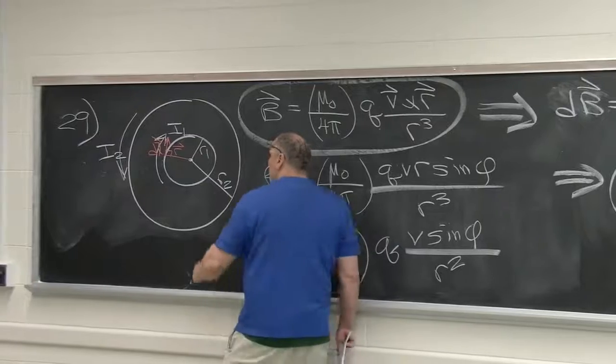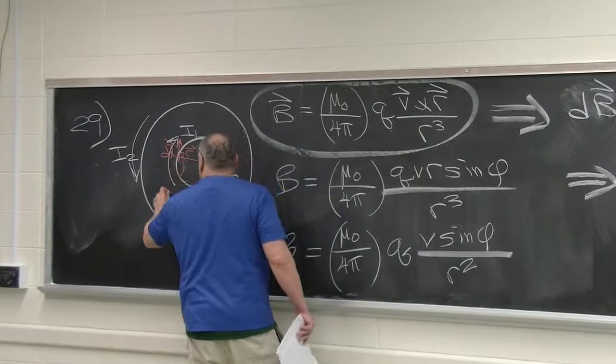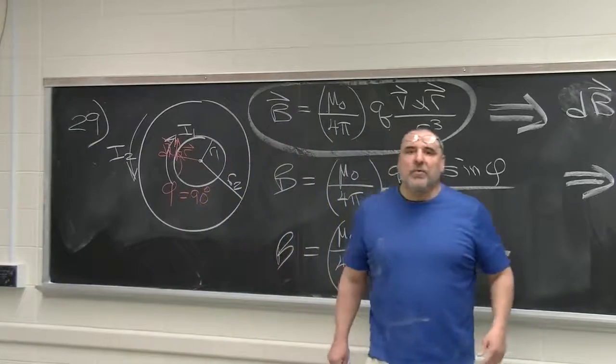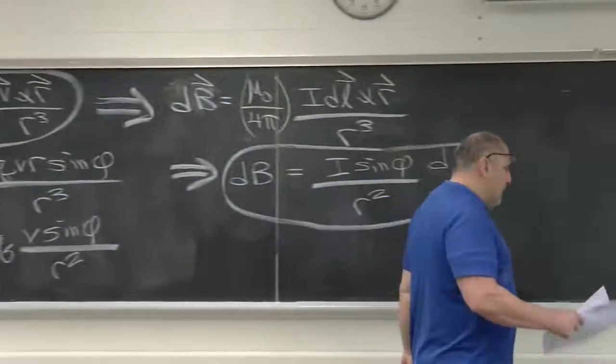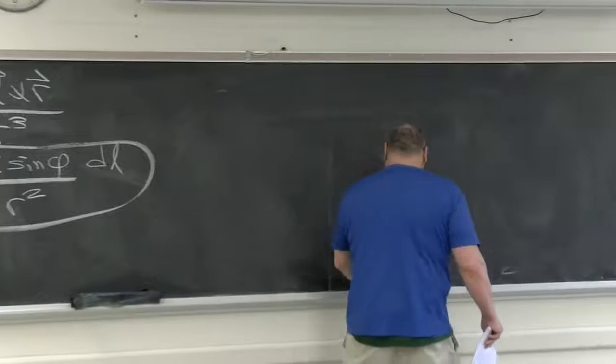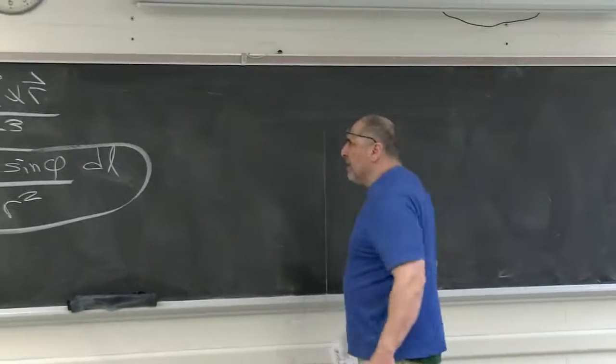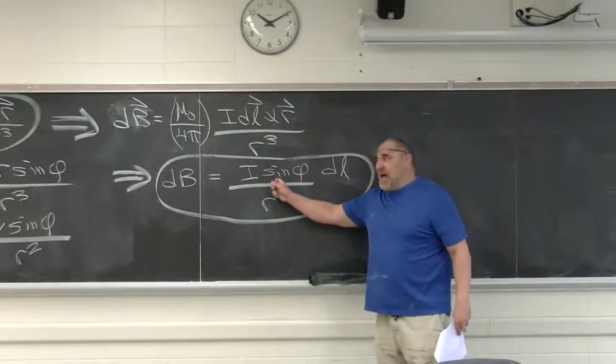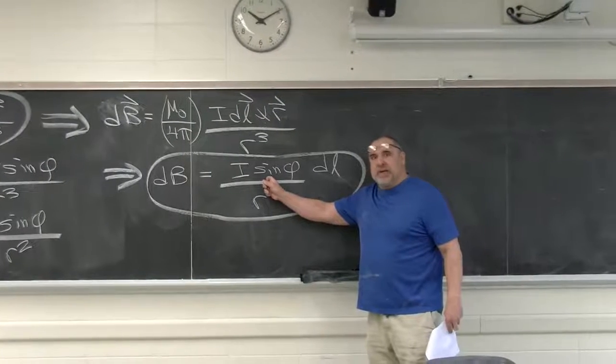That's great. The angle phi under consideration is a 90-degree angle. That's kind of what I said in the notes. So if that's the case, well, that helps a lot. What's the sine of phi? Well, phi is 90 degrees.